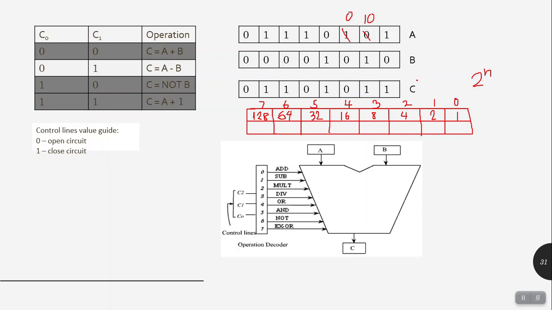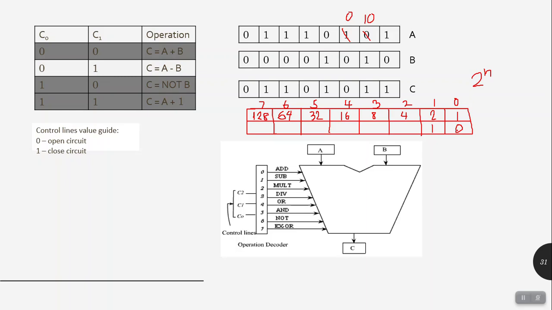So in order for us to prove that 10 has an equivalent value of 2 in decimal, we will just plug in 10 to our table. From the left, we put 0 in our first cell, and then 1 in our next cell. So 10.